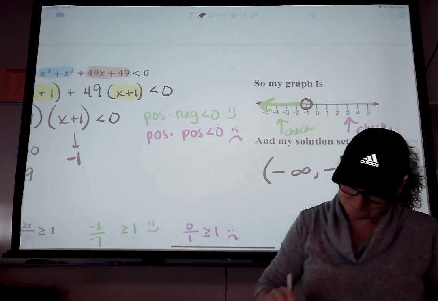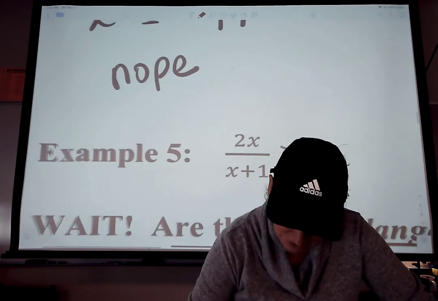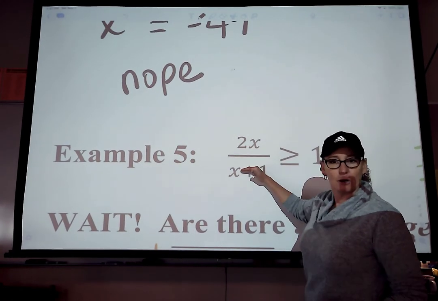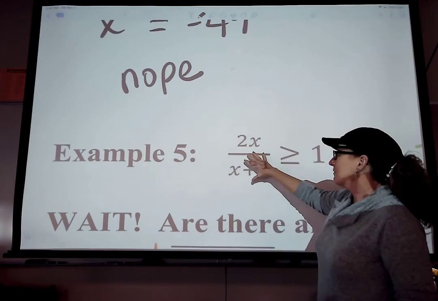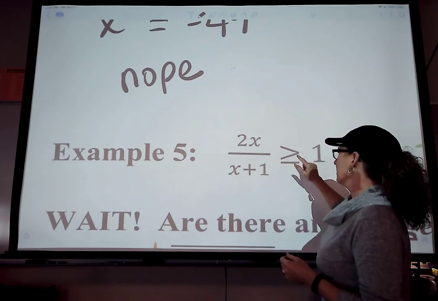Okay, one more. Number 5. This is a rational expression. It's a polynomial over a polynomial. And we've got to figure out what x values cause this to be greater than or equal to 1.